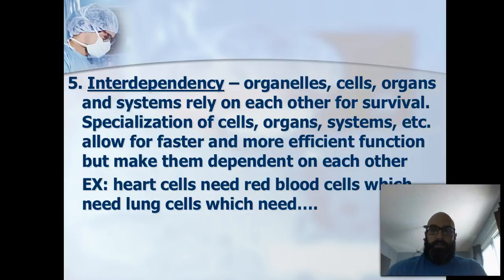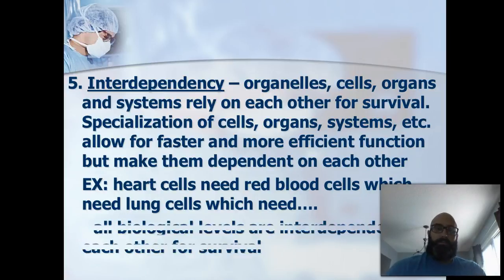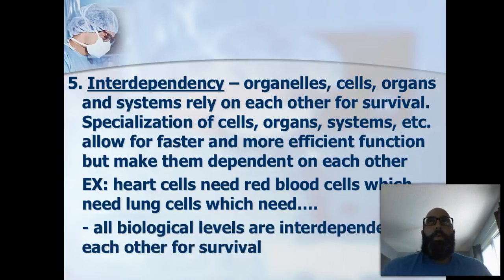The crude example is, if you are being suffocated, you no longer can carry oxygen, the cells start to die, you die. So what you need to understand is, at every single biological level of organization, there is interdependence for survival.